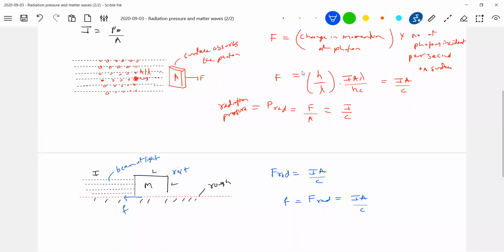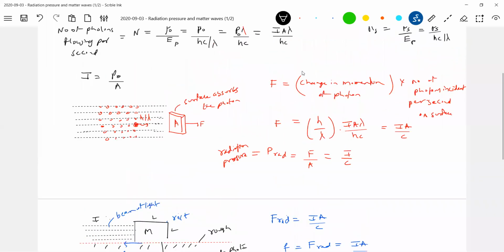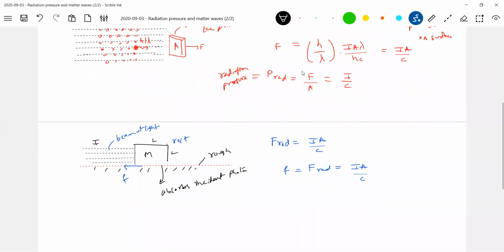This is a surface that absorbs the incident photon completely. Next, if it is a perfect reflector, so we don't have a perfect absorber.